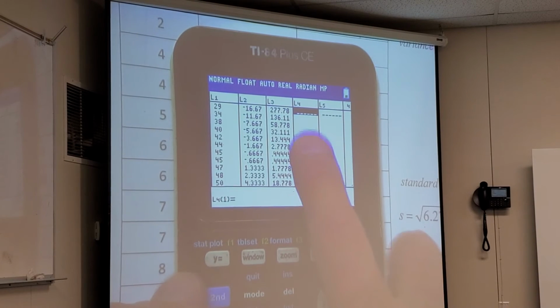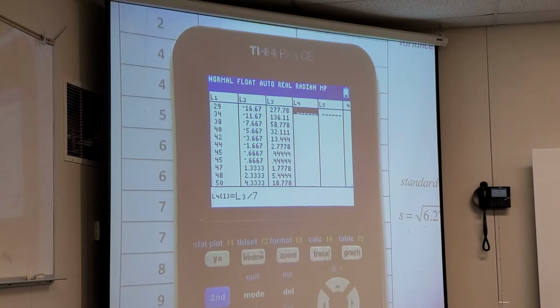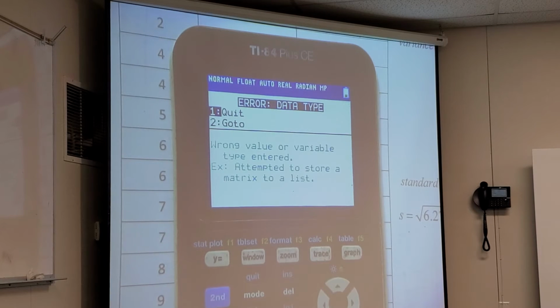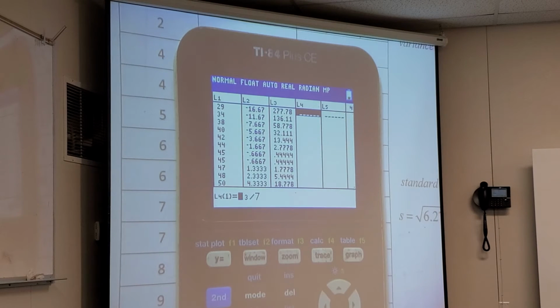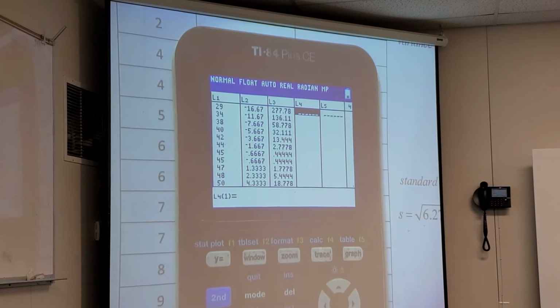If I try to put L3 divided by 7 there, it's going to give a data type error, because you're trying to put an entire list into one spot. Poor little calculator's like, I'm only worth $100. Maybe if you paid $500, I could do that, but I can't. So when you're trying to define what a list is, highlight the list. You've got to control the whole list. Okay, is everybody okay?